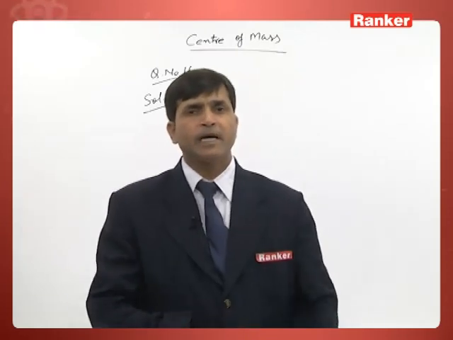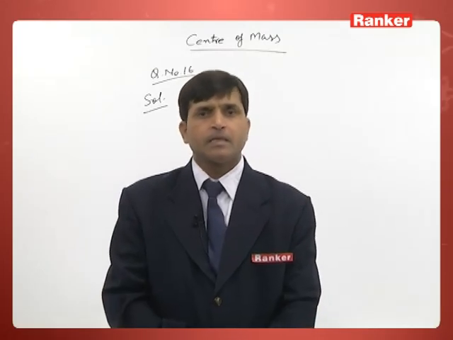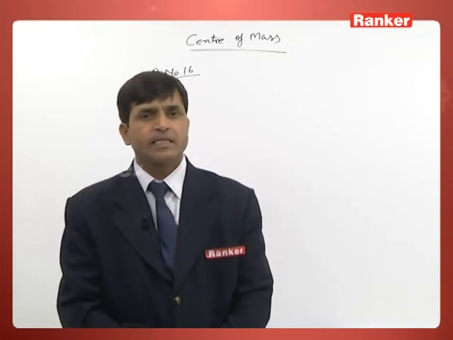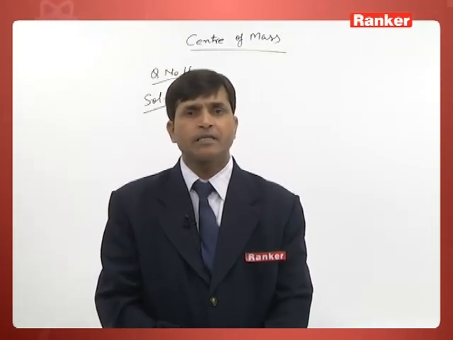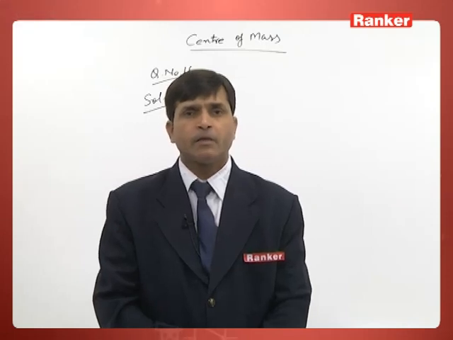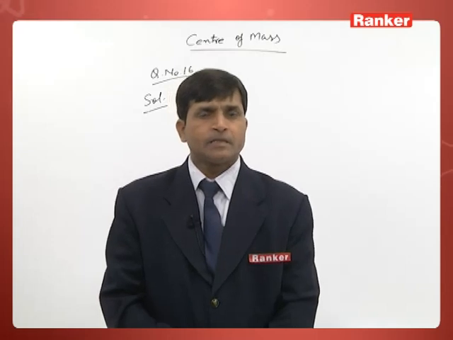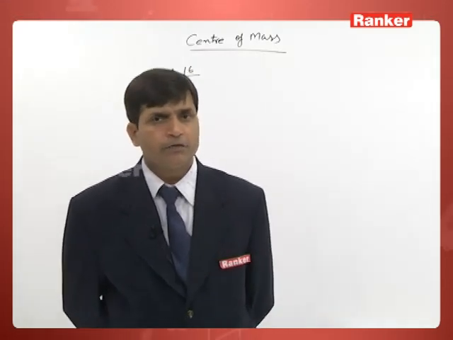The center of mass is a point at which or about which mass is uniformly distributed. But if we are talking about the center of gravity, it is a point where the whole weight of the body is about to concentrate or is acting. So center of gravity depends on the value of g also.